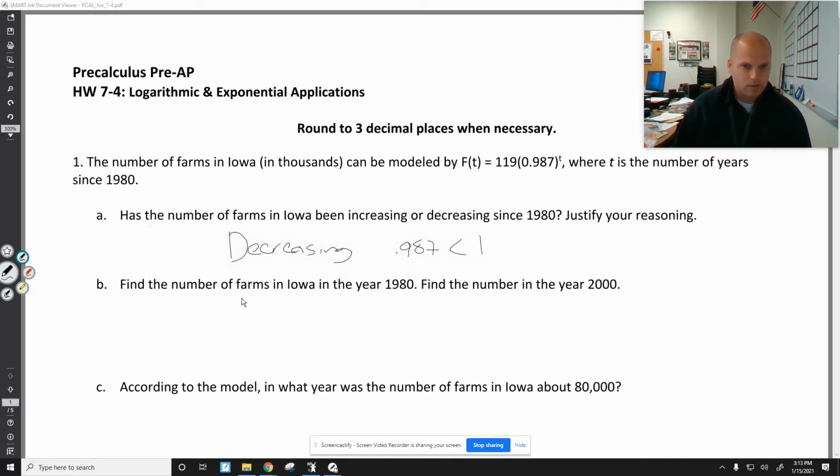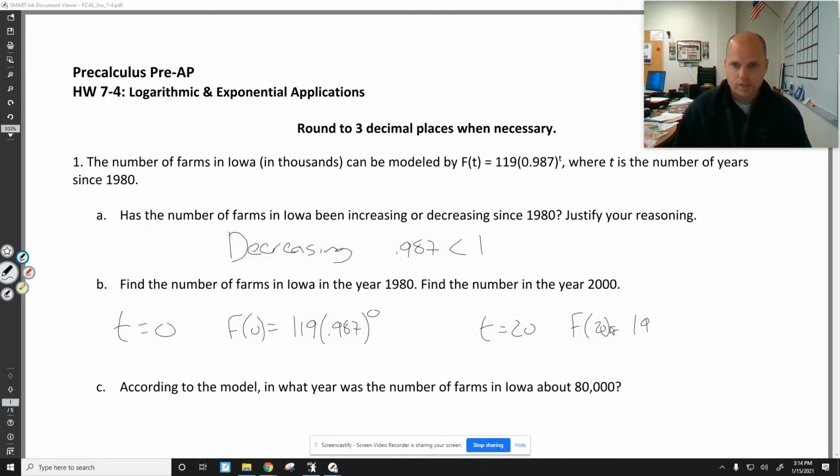Find the number of farms in the year 1980. Well, 1980 is year 0, so it's 119,000. So f of 0 is 119 times 0.987 to the 0. So we started with 119,000 farms, but then 20 years later, we're going to have less.